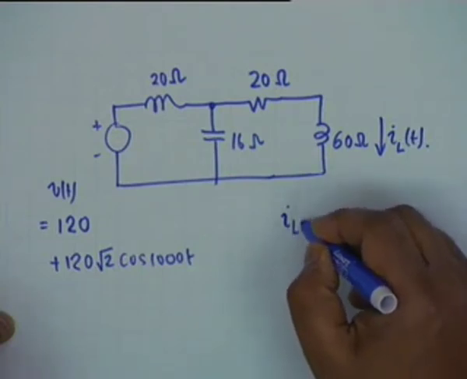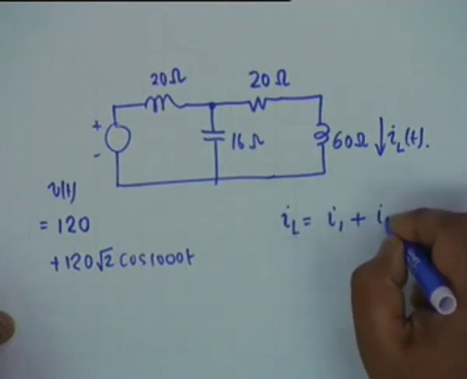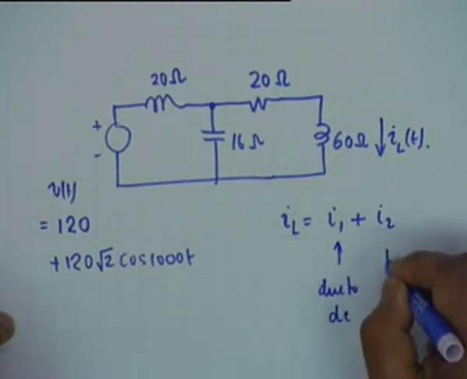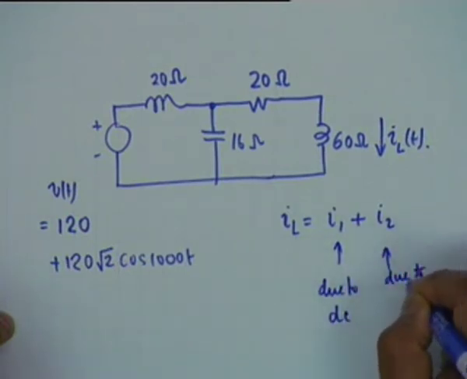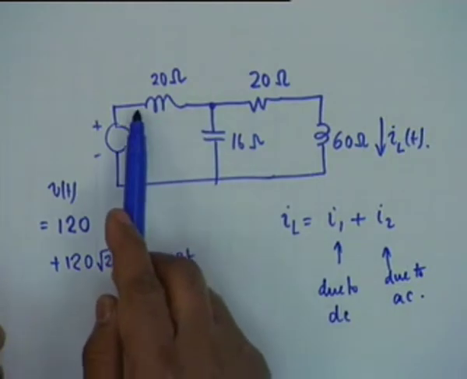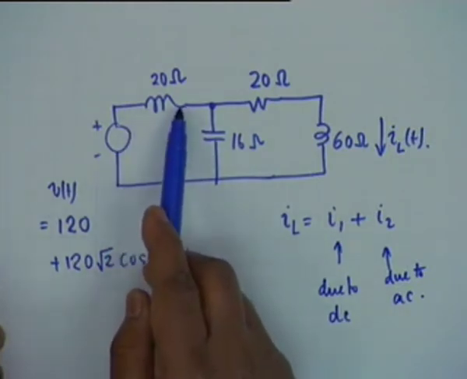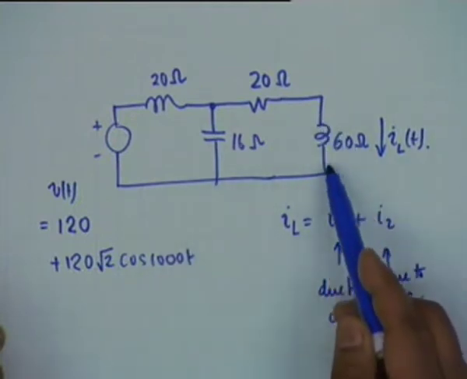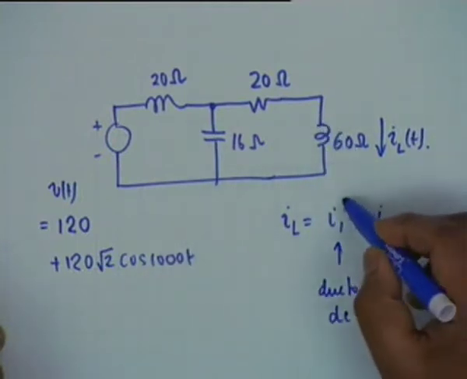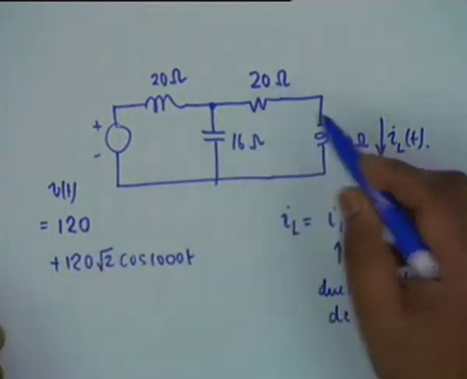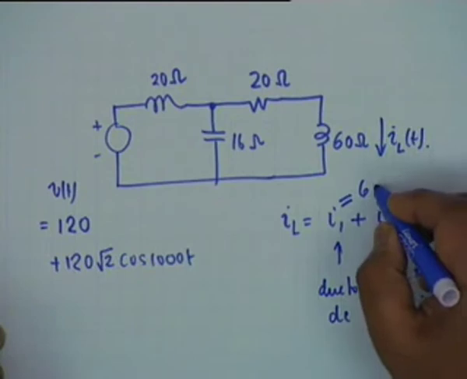That is, I write iL as i1 plus i2, i1 due to the DC source and i2 due to the AC source, and we can combine the two. As far as DC is concerned, you notice that this inductor is a short circuit, the capacitor is an open circuit, and this inductor is a short circuit, and therefore i1 you can very easily see is 120 divided by 20 ohms, that is i1 is 6 amperes.